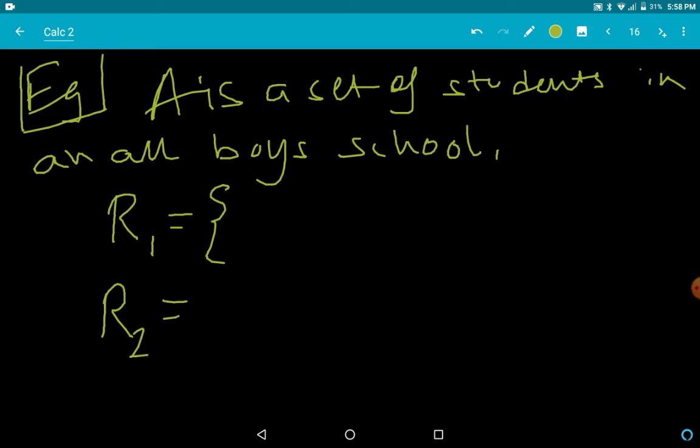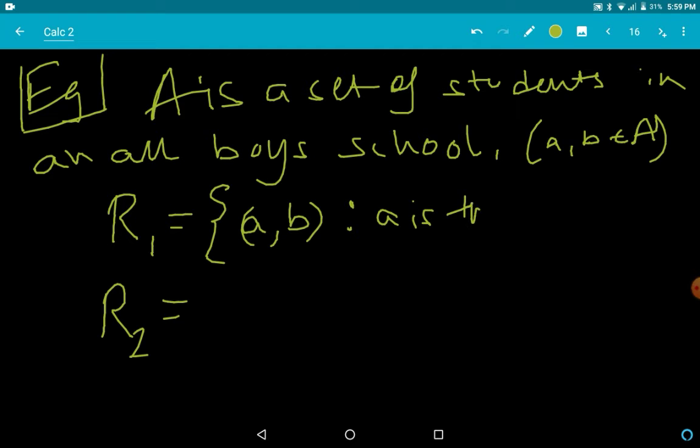R1 is the set of (a, b) such that a and b both belong to A and a is the sister of b.